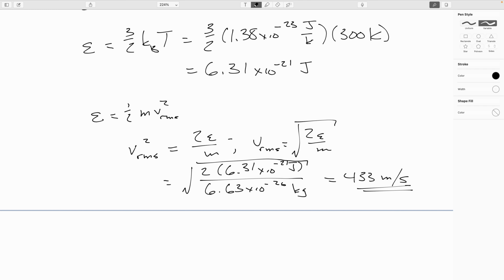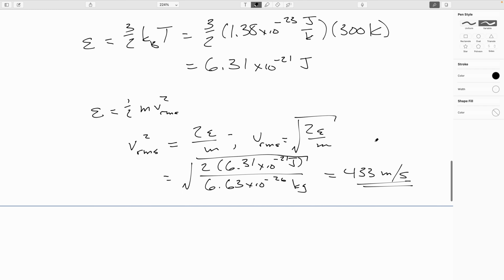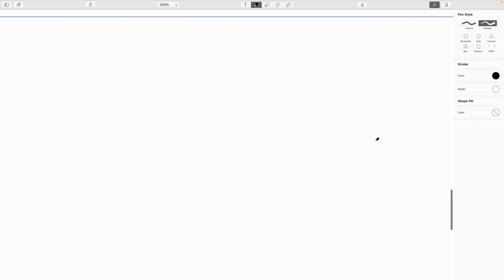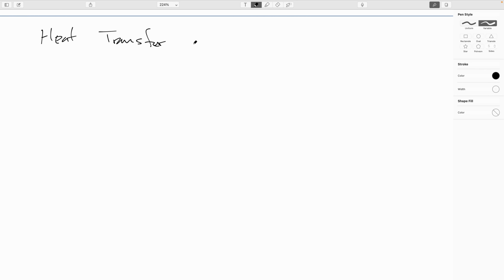All right, so I want to revisit heat transfer and the Zeroth law for just a moment. So let's go back to how we were thinking about how heat got transferred.